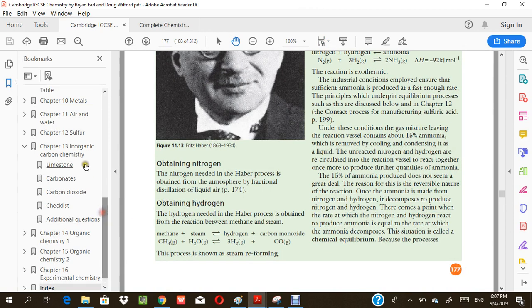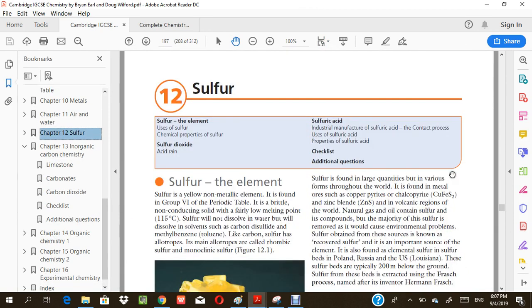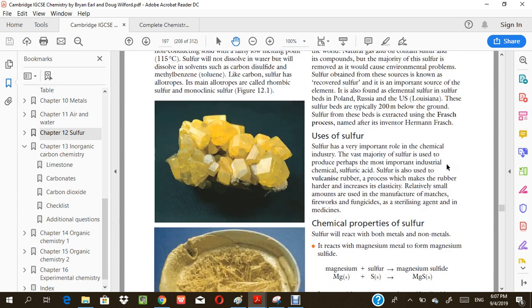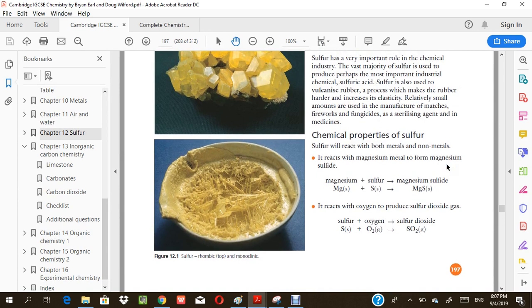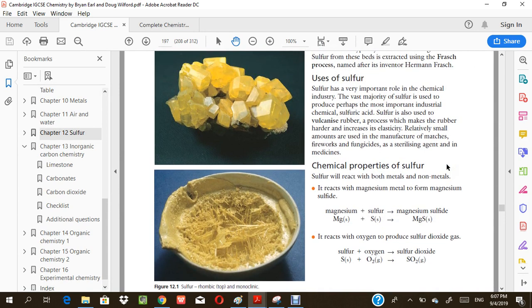Okay, here we go. So this one at the top is this nice, beautiful rhombic sulfur, and the one at the bottom is monoclinic sulfur, right? We can see here, both of these are just sulfur atoms, nothing else in them.